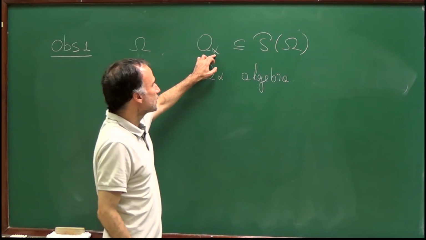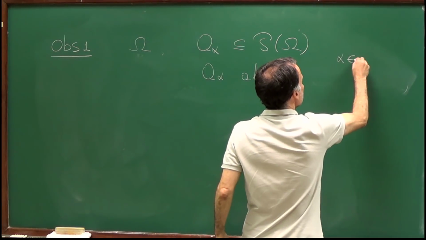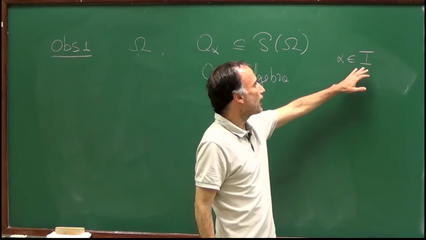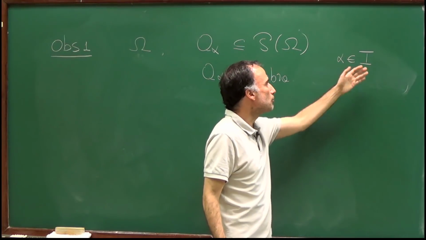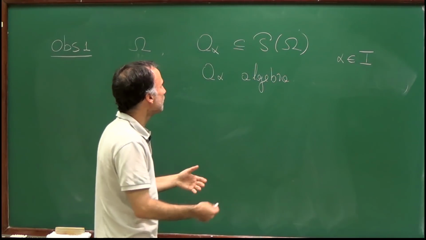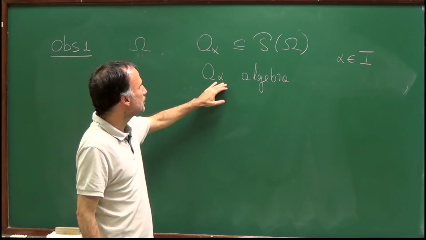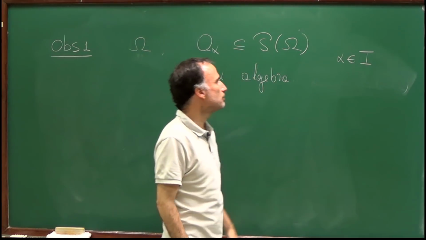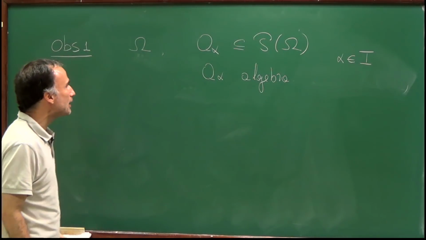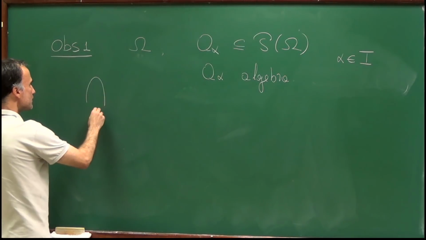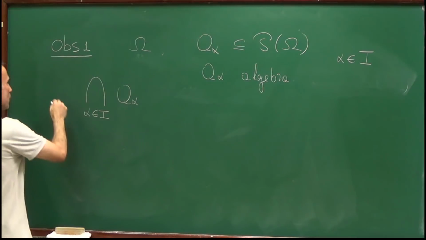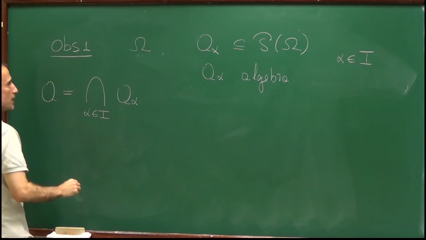And this index alpha belongs to some set I, and I won't put any assumption on I. I can be uncountable, for instance. It's any set. So we have a class of algebras indexed by some set on which we do not assume anything. And my claim is that if I take the intersection of all these algebras, well, this intersection is an algebra.